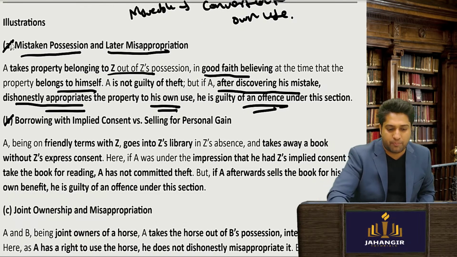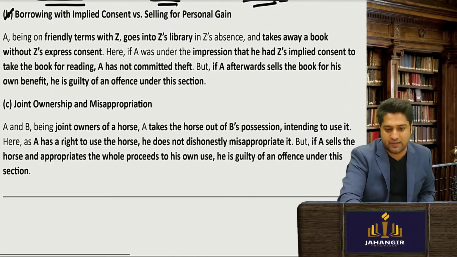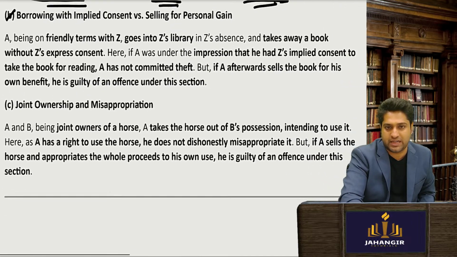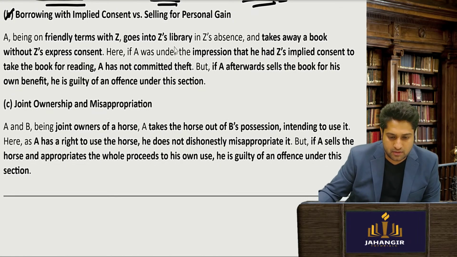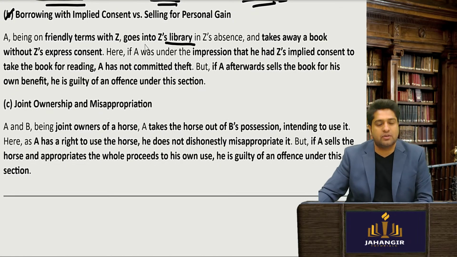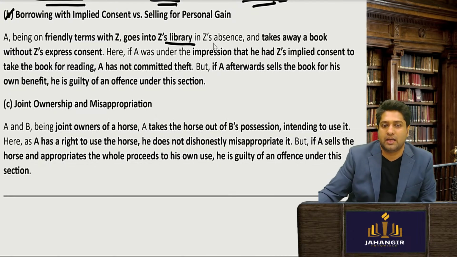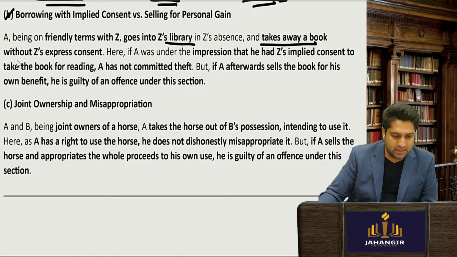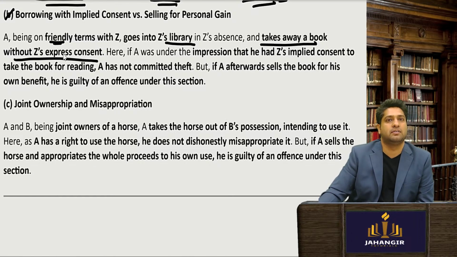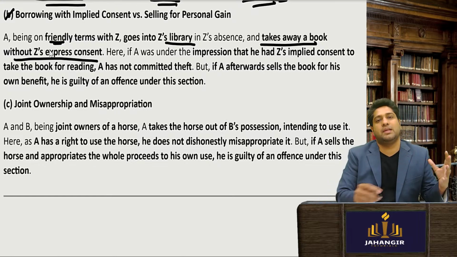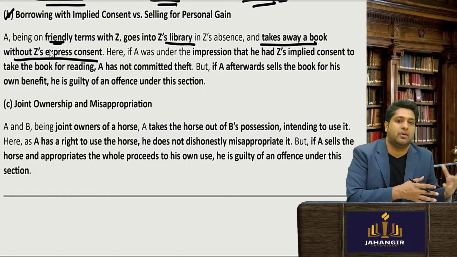Next, borrowing with implied consent or selling for personal gain. Now, Z goes into a library. In Z's absence, A takes away a book without Z's express consent. Now there was a friend. So I know that the topper was sitting next to me. I took the topper's book.